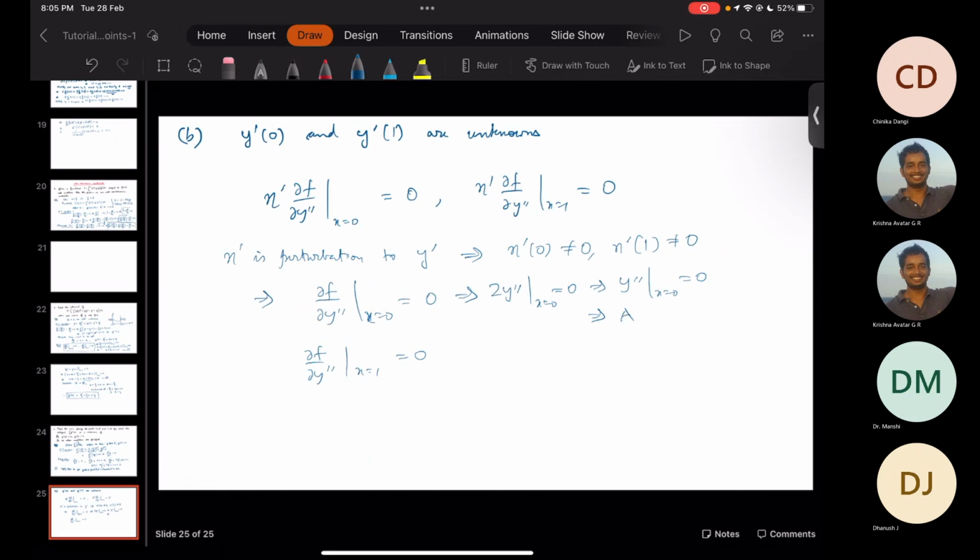So ax plus b at x is equal to 0 is 0, and this gives b is equal to 0. From the second condition we again have del f by del y double prime, which gives ax plus b at x is equal to 1 is also 0. So b is already 0, so this implies that a is also 0.